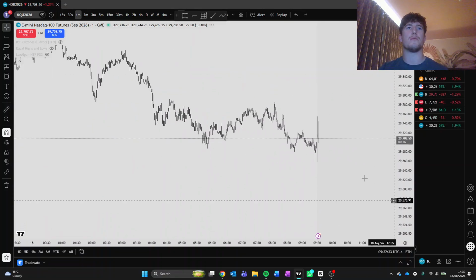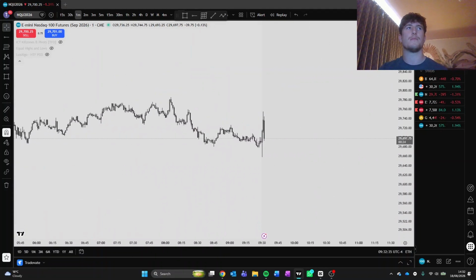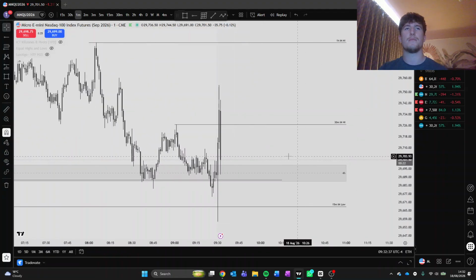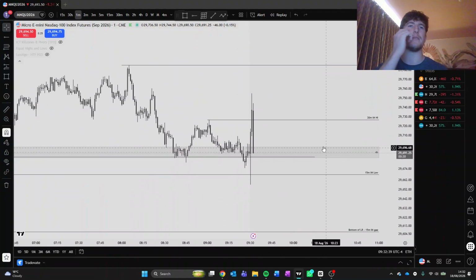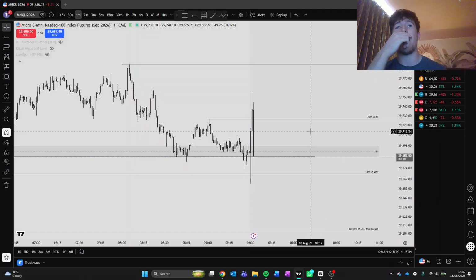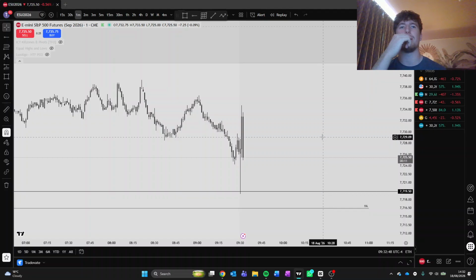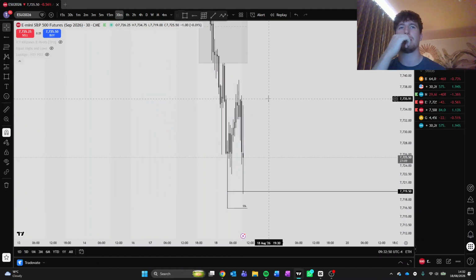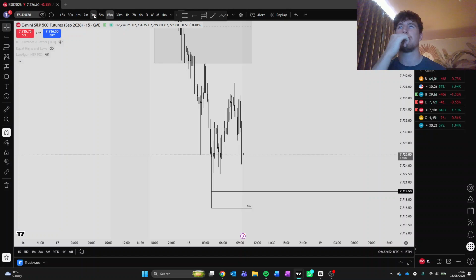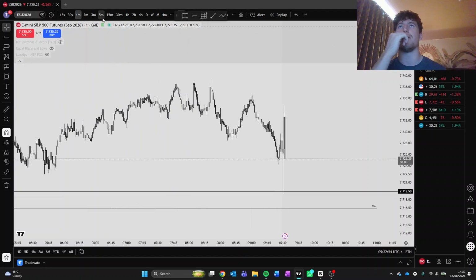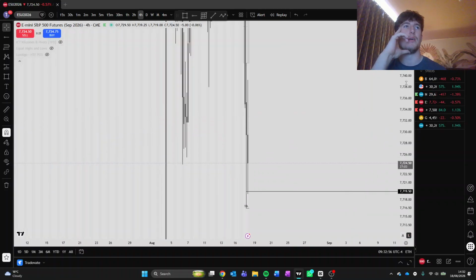I'm just going to zoom out real quick. I'm not liking this. Wow. ES hasn't swept into anything, so I don't know why it'll come down. I'm going to fade this trade.